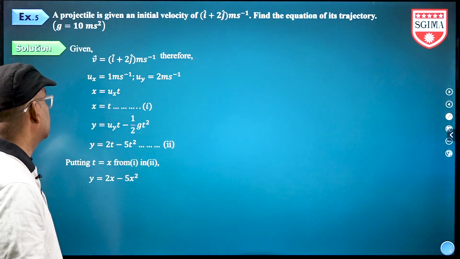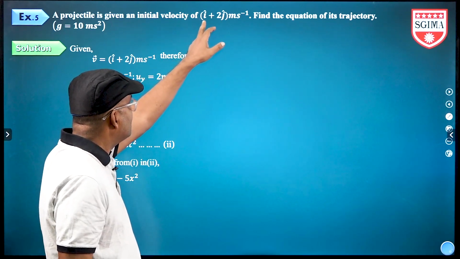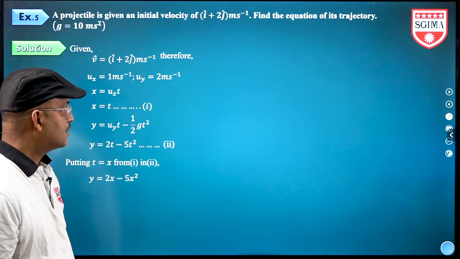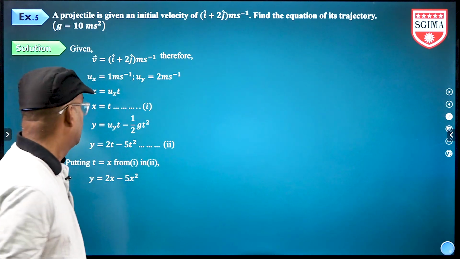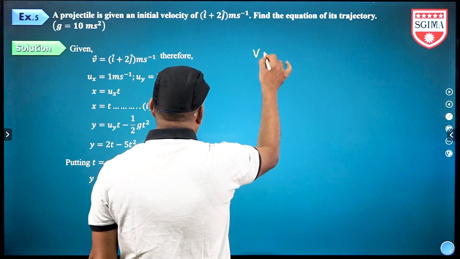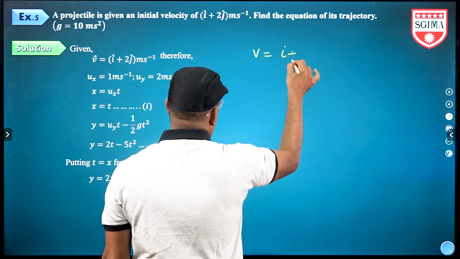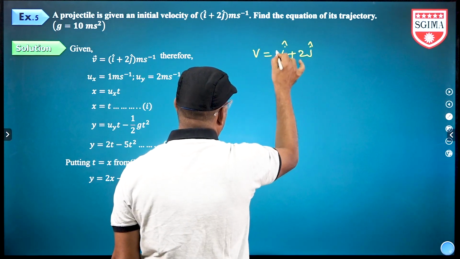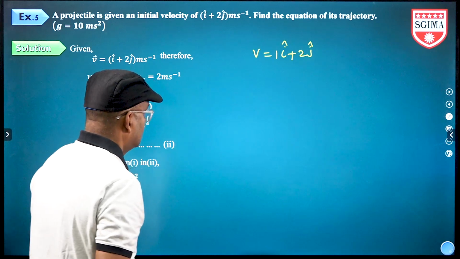A projectile is given an initial velocity i plus 2j meters per second. Find the equation of the trajectory. Now, its velocity is i plus 2j meters per second, so i means 1i.